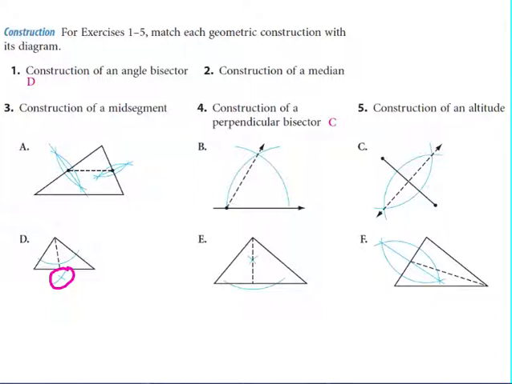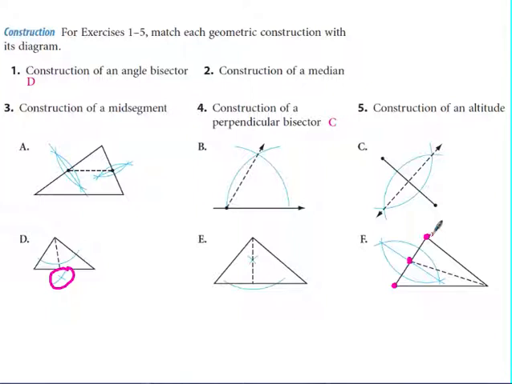Okay. So obviously we know C and D are out. So we've got A, B, E, and F. If I'm constructing a perpendicular right here on F like I am, what do I know about this point here in relation to the two endpoints? This one is equidistant.